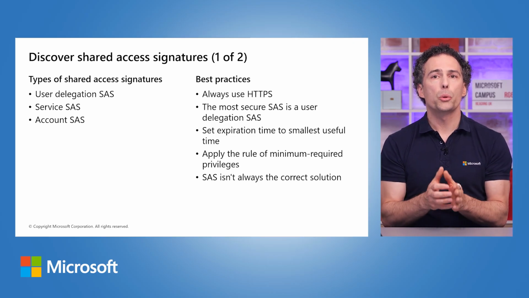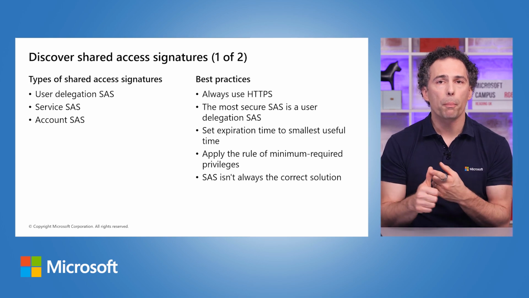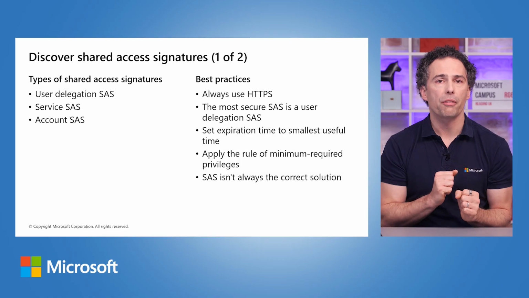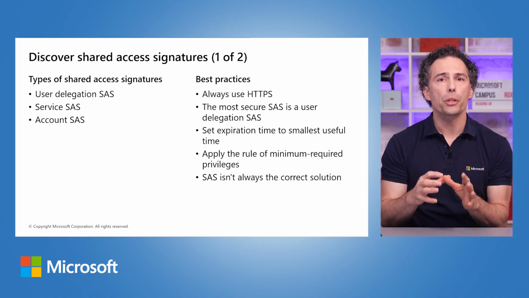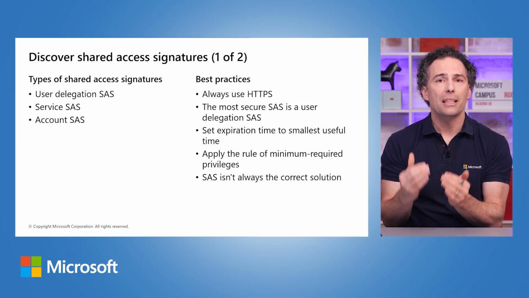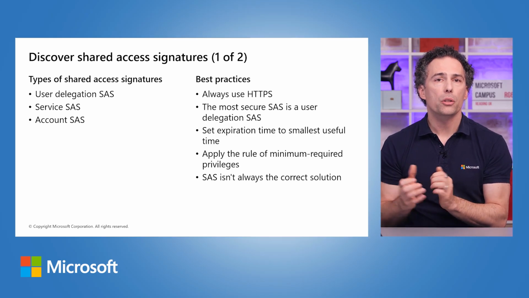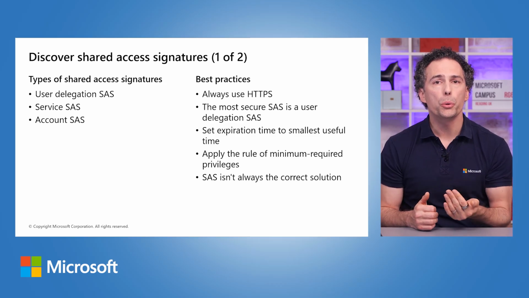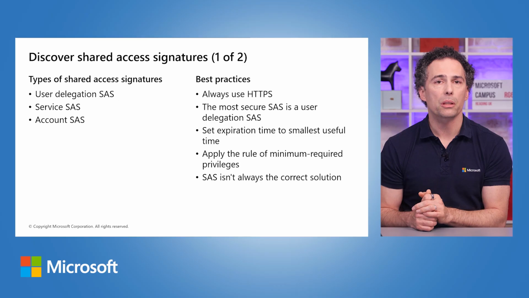It grants access to a resource in one of the four Azure Storage services: blob storage, queue storage, table storage, or Azure Files. And an account SAS uses the storage account key to authorize access. An account SAS grants access to resources in one or more of the storage services. All of the operations that a service or user delegation SAS can do are also possible with an account SAS.